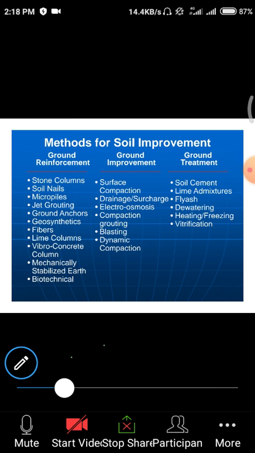Next one, fibers. In fibers also we have two types mainly, depending upon their carbon content: degradable fibers and non-degradable fibers. Degradable fibers means, daily we are cultivating different kinds of crops for our food purpose, like paddy and others, and from those we get a huge amount of extra wastage.